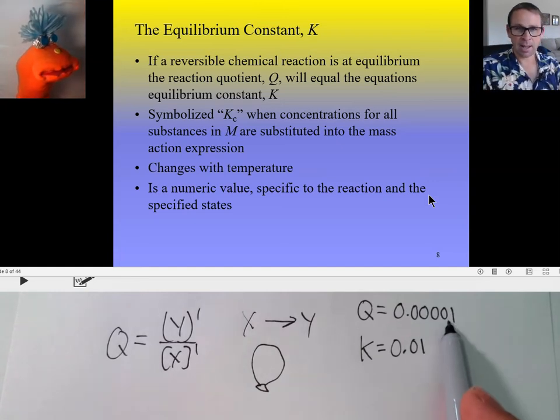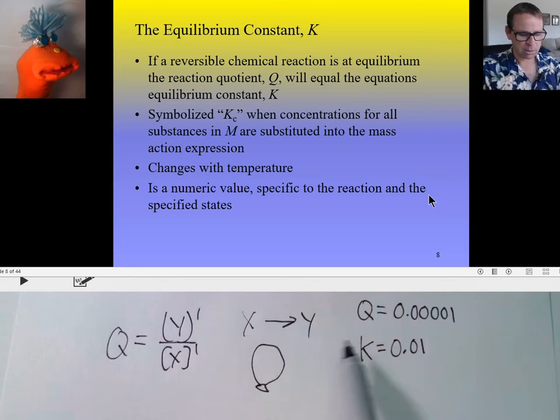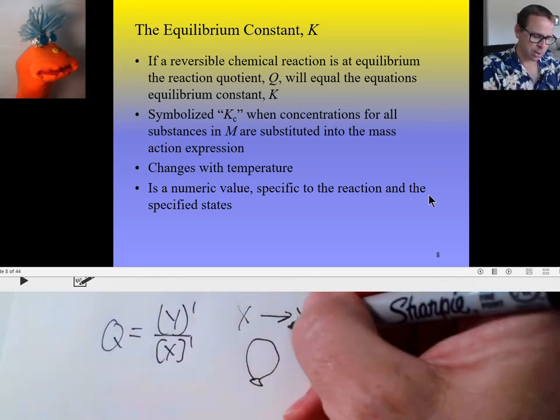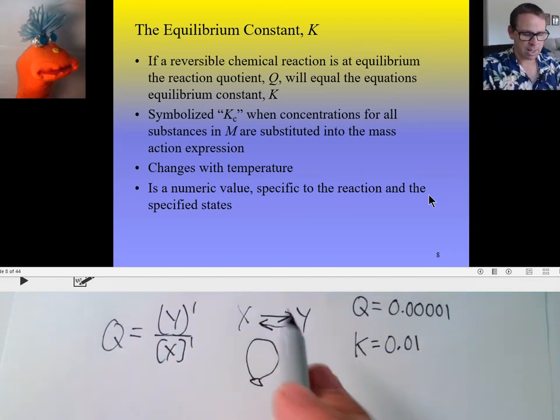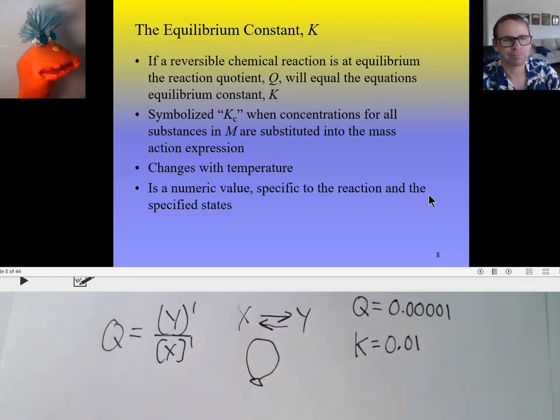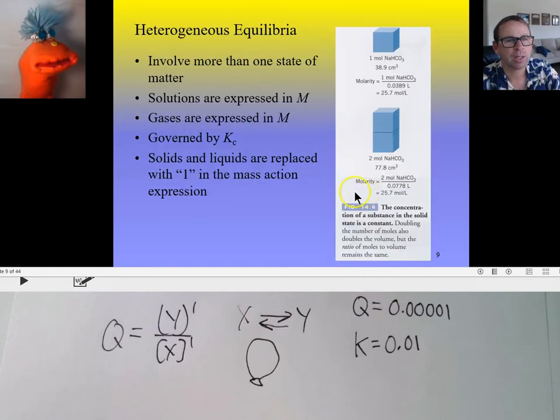But here I have a lower Q value, so some X is going to react, but in the end it's still going to be mostly Y, because apparently, I forgot the arrow again, Y decomposes faster than X forms into Y. So this relationship between Q and K tells us about how the reaction is going to proceed under the current conditions.